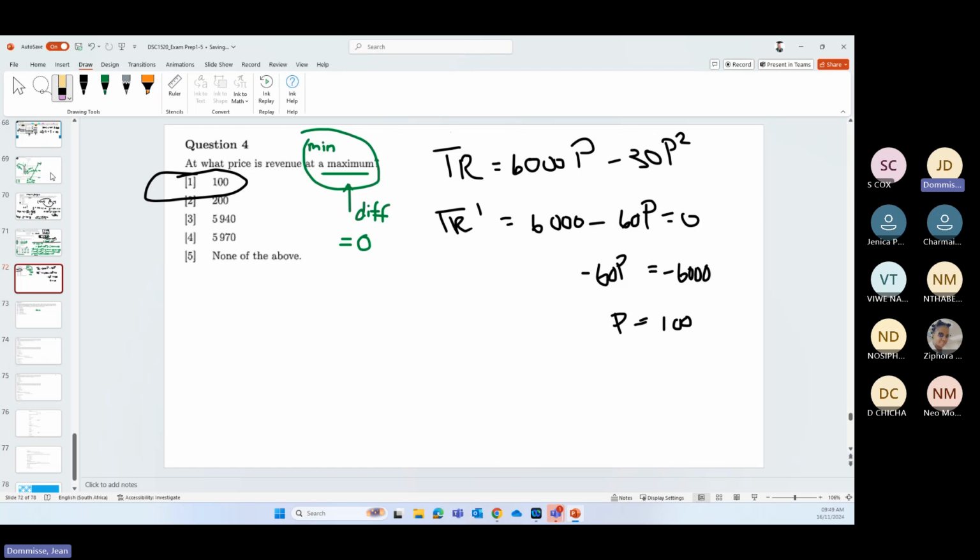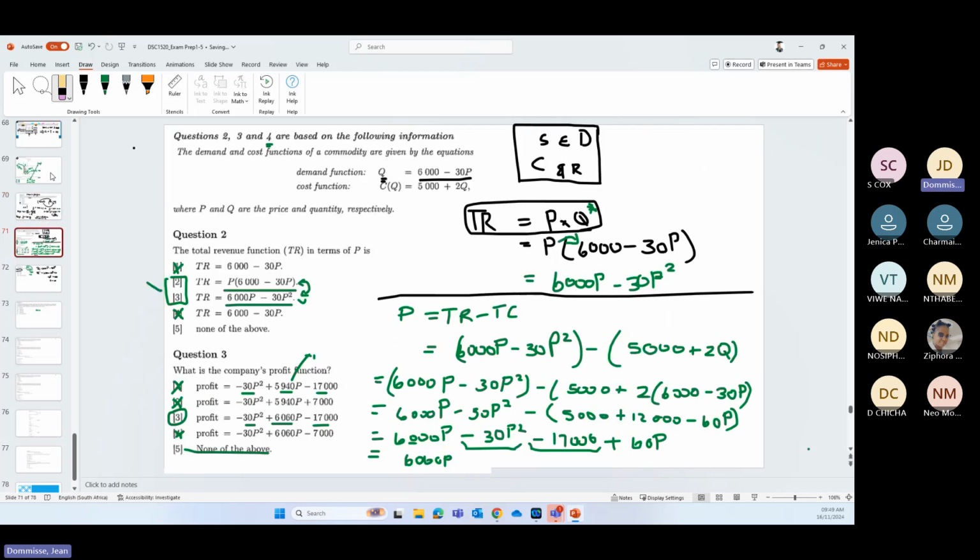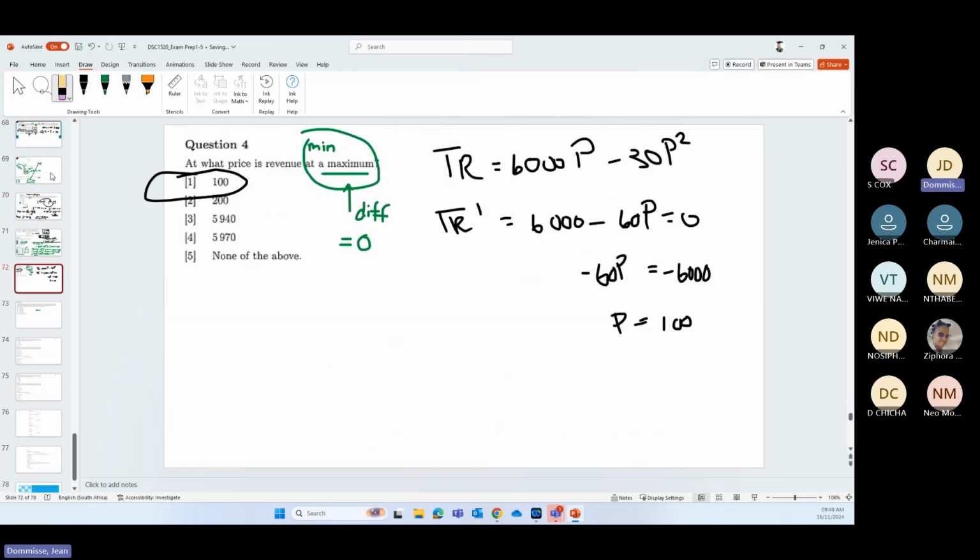And even though I wrote down, if you guys can remember, total revenue, I wrote down the profit function, because in my mind, I was working from revenue to profit. So please don't be caught out like I was now in the exam, where I just basically assumed we're doing the profit function.